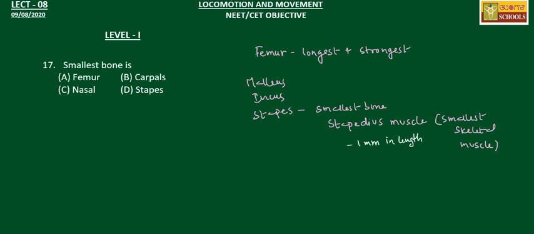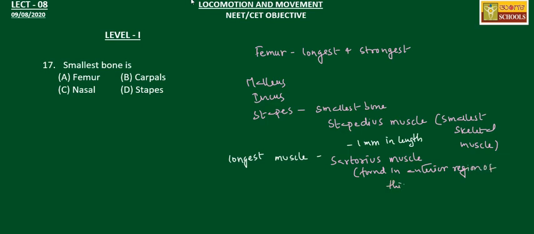Coming here, I will also give you a few more points. The longest muscle is sartorius muscle. The longest muscle is sartorius muscle. And this is found in the anterior region of the thigh.